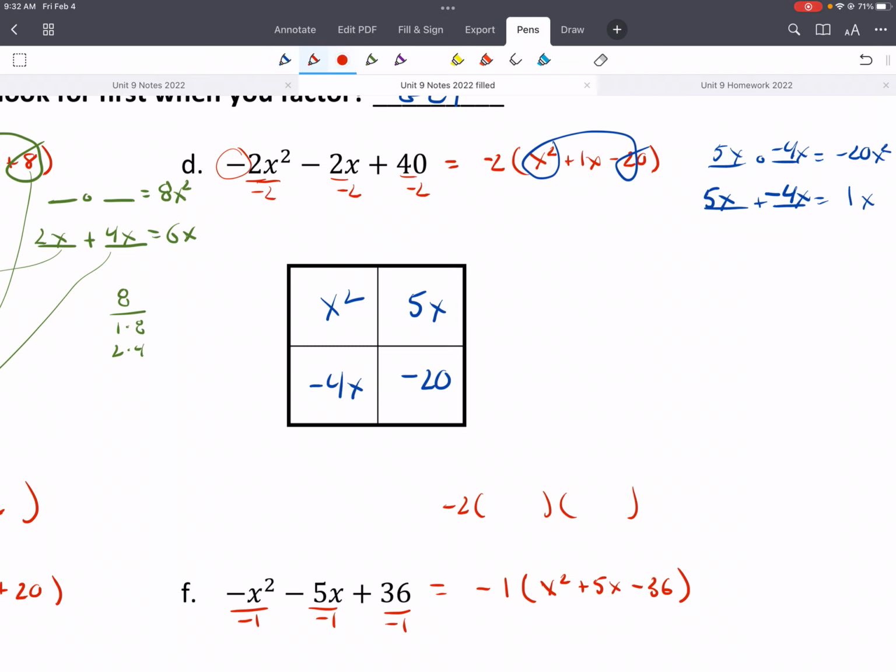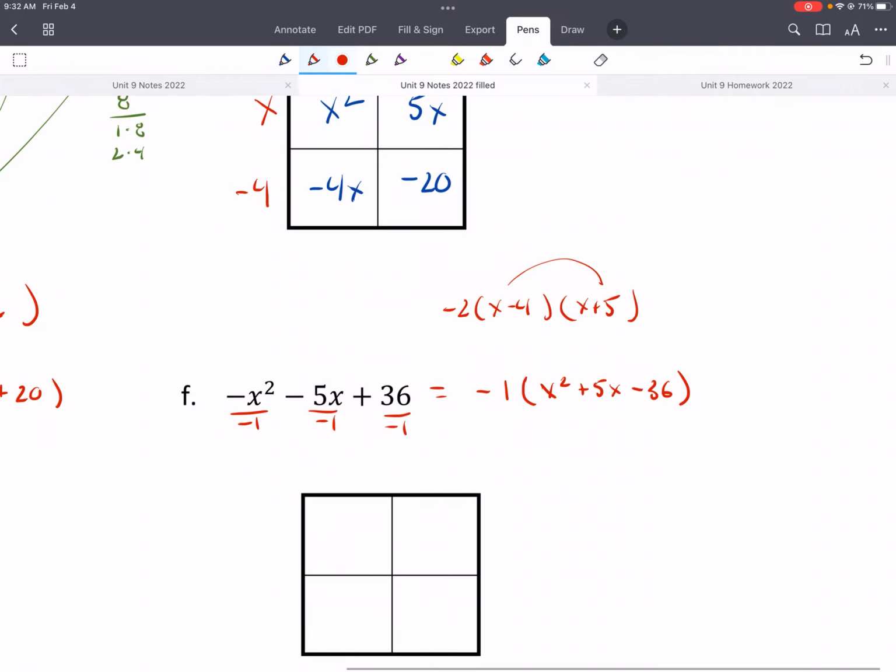So greatest common factor would be x and -4 and x and 5. And again, you can check and make sure that works out. So, x minus 4 and x plus 5. Again, the order of those parentheses doesn't matter. If you did the x plus 5 and then the x minus 4, that's just fine.